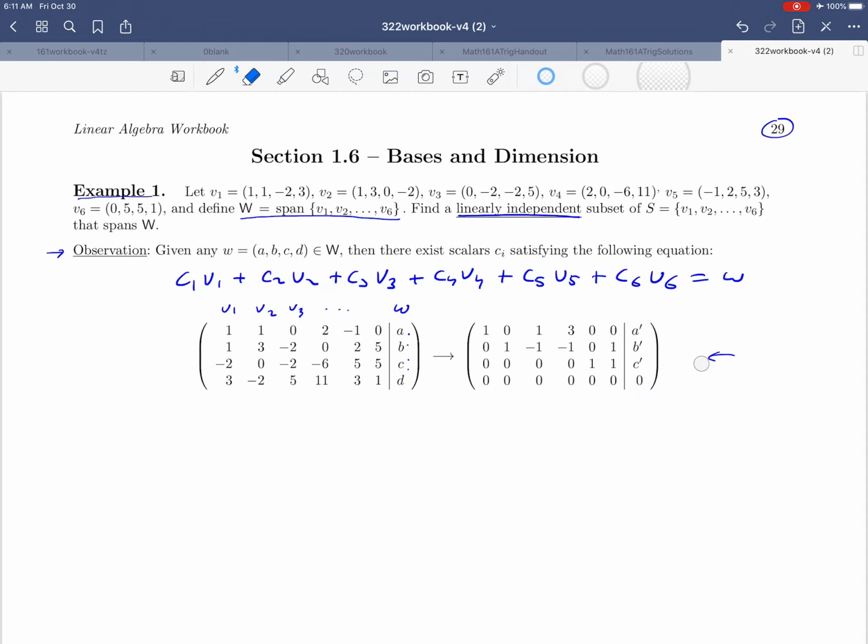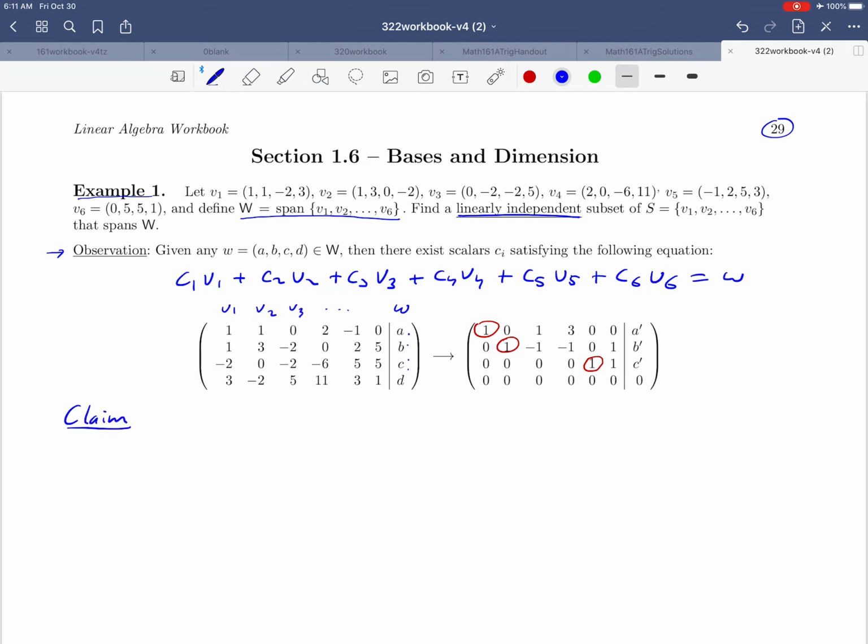Now what I'd like to do is to see if we can spot our pivot positions. Remember a pivot position, we're looking for the first non-zero entry in each row. So in the first row, we've got one there. In the second row, there's the first non-zero entry, and then the third row there. So we've got 3 pivot positions. And here's the claim that we're going to make.